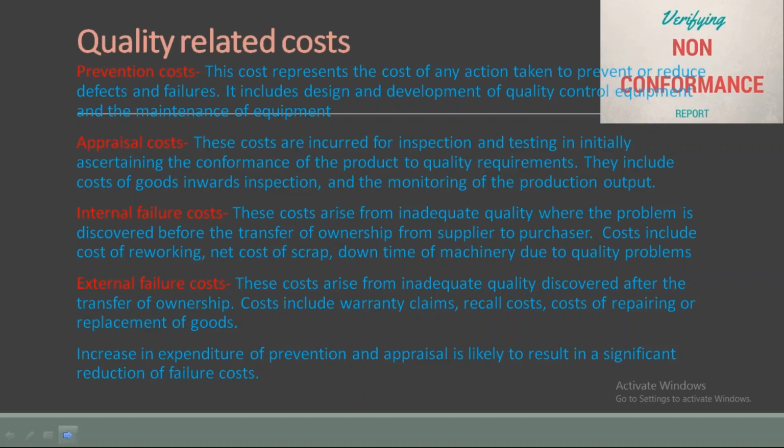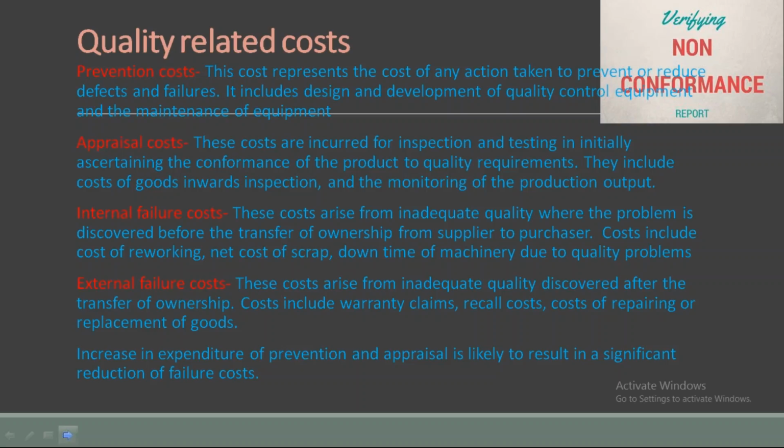If you design the product well, you might not have problems in the later stages of production. So development of quality control equipment, having the right recruitments, that kind of thing is prevention cost. Appraisal is something you do during the process, and it's all about continuous inward inspection, continuous monitoring of the product output and the quality.